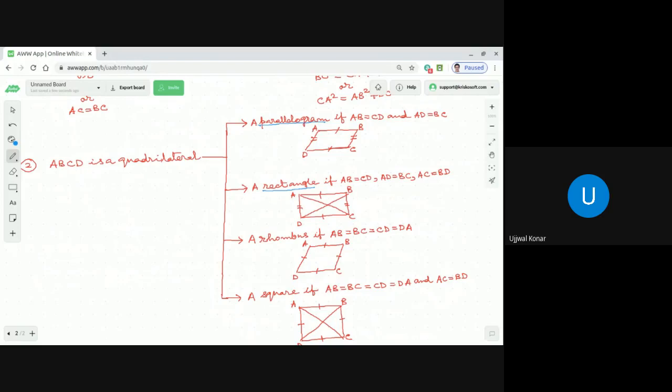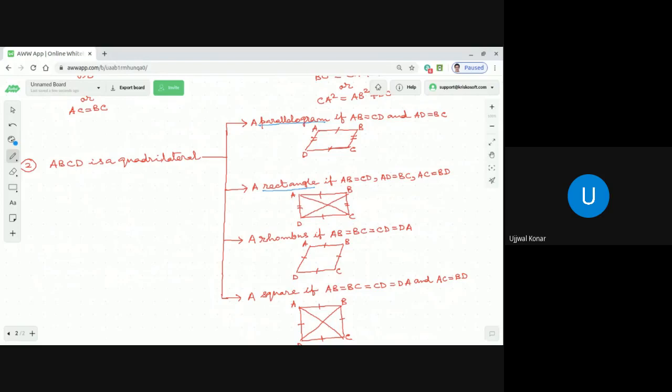So what we can say? We can say a rectangle is a parallelogram because a rectangle satisfies all the conditions to become a parallelogram, but the converse is not true. A parallelogram is not always a rectangle. Why? Because for a parallelogram to qualify to be a rectangle, the diagonals also have to be equal.